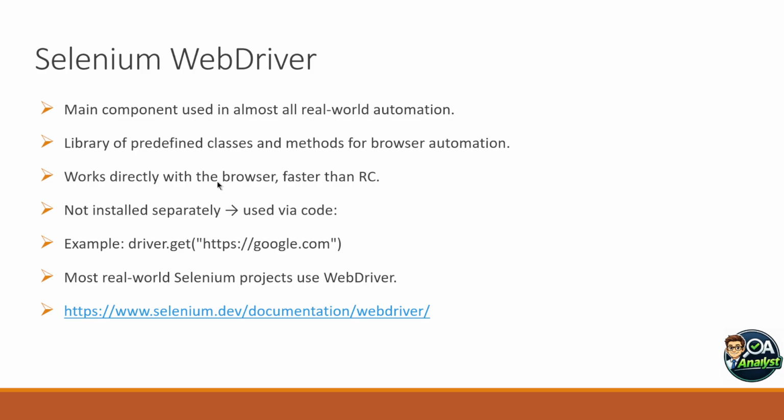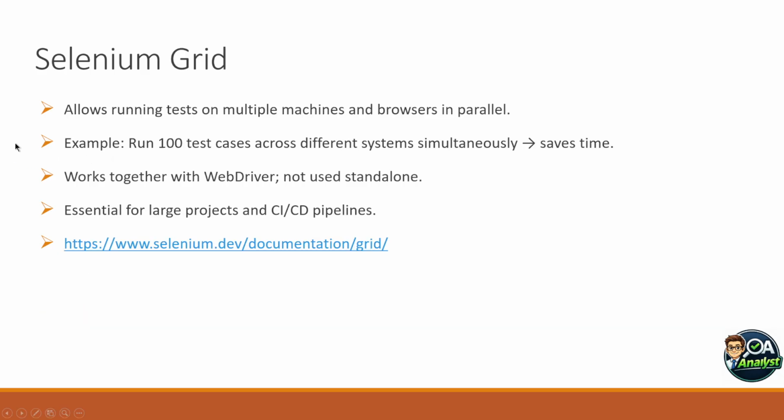The next component is Selenium Grid. Finally, let's talk about this. Selenium Grid is used when you want to run your automated tests on multiple machines or browsers in parallel. Imagine you have written 100 test cases. Instead of running them one by one on your computer, Selenium Grid lets you distribute them across different machines, so they can all run at the same time.